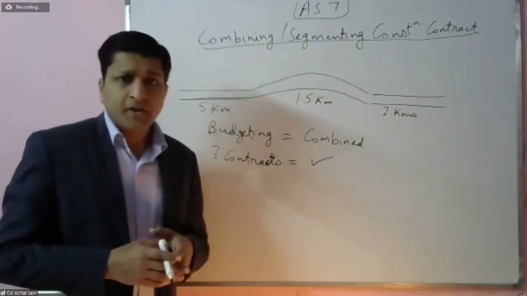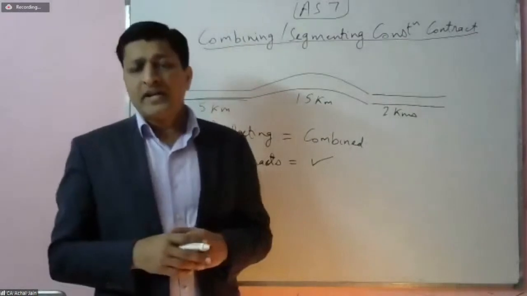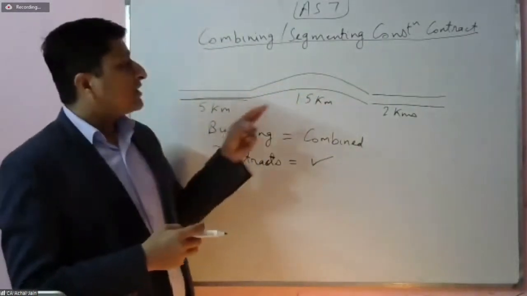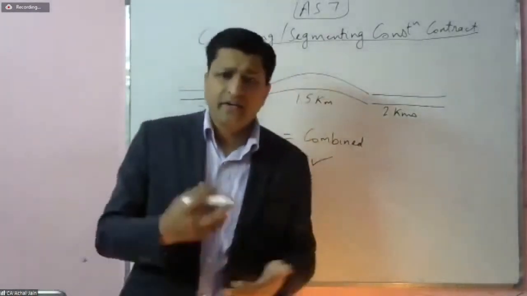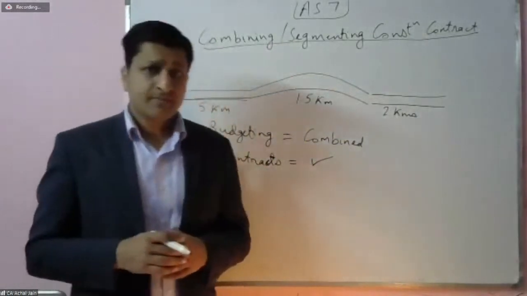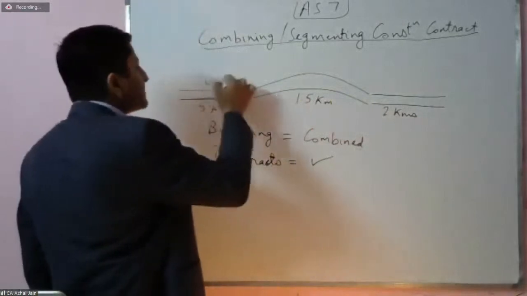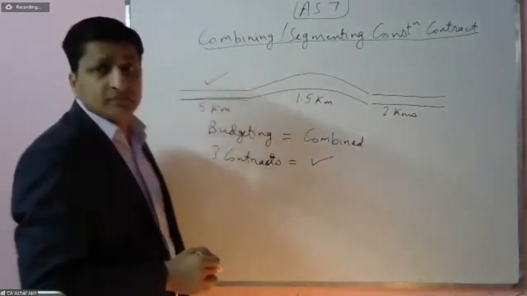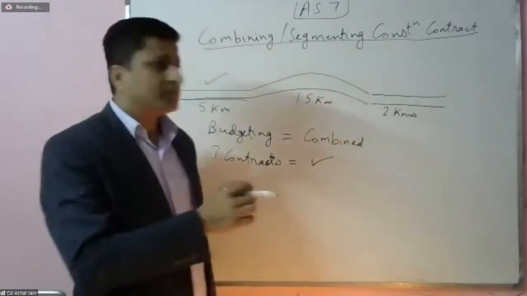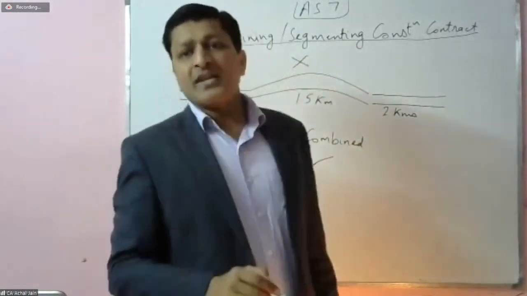But there is an understanding, a very clear understanding on the part of the contractor as well as the authority that all these 3 projects are interlinked. They are interdependent. Means, let's suppose tomorrow, if the contractor completes this project, but then he backs out and fails to deliver the second project.